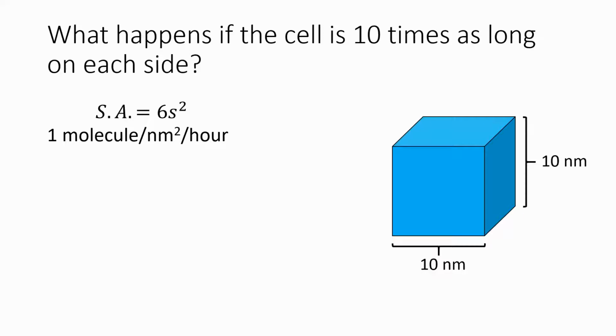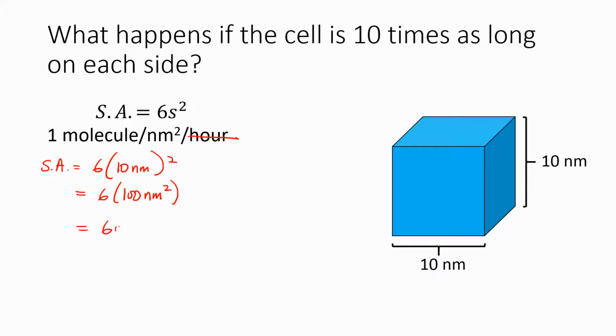Now, instead of being 1 nanometer length and width and height, it's going to be 10 nanometers. So let's calculate the surface area, and let's calculate how many molecules can be transported by this in 1 hour. So the surface area is going to be 6 times 10 nanometers squared, which is 6 times, well, what's 10 squared? 100 nanometers squared.